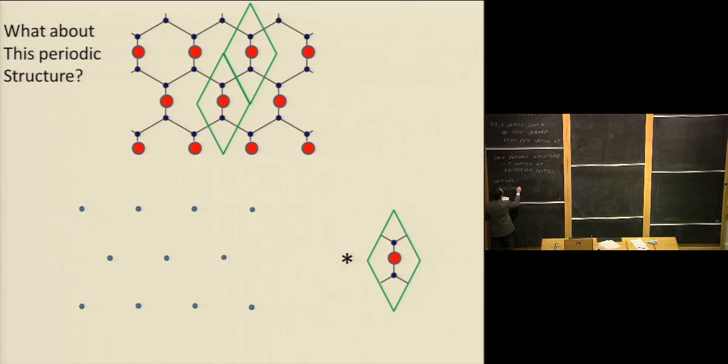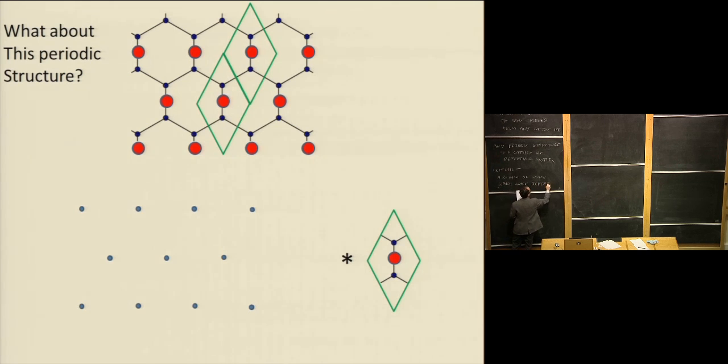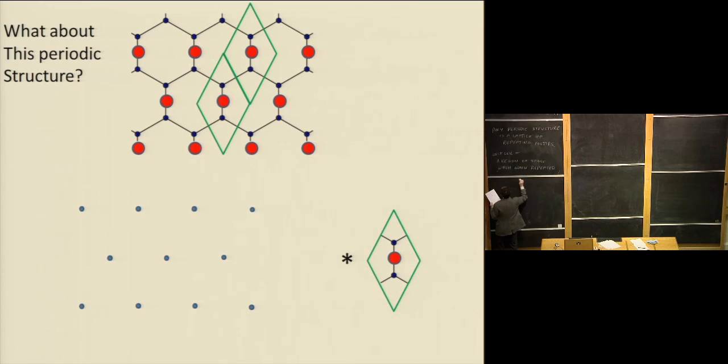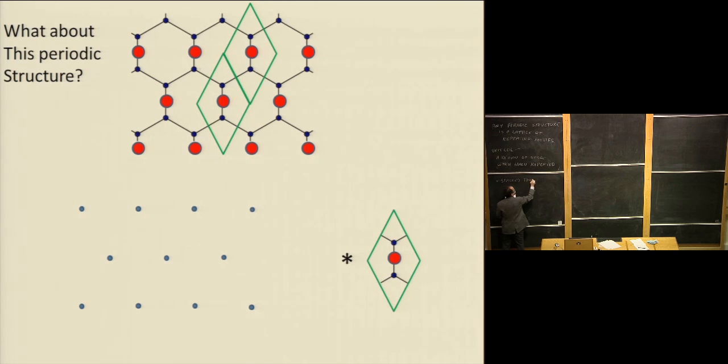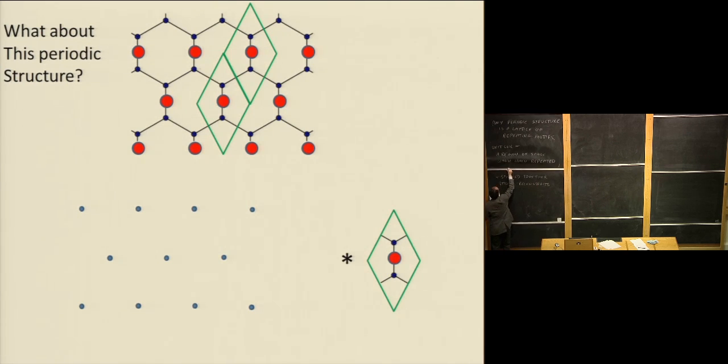It's the region of space which, when repeated and stacked together, and sometimes we use the word tiled, meaning repeated and stacked together, reconstructs the full periodic structure.